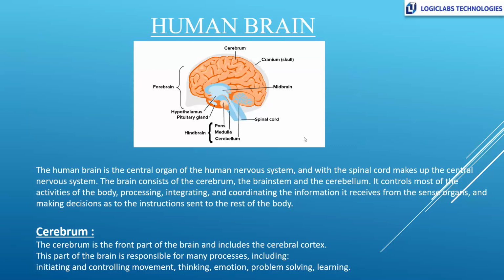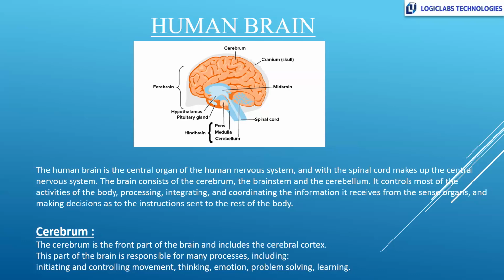It controls, as already said, most of the activities of the body. Whatever activities we are doing in our daily life, all these are controlled by the brain, as well as processing. Integrating means when we combine two things together, like when we have to think and write, you have to integrate.